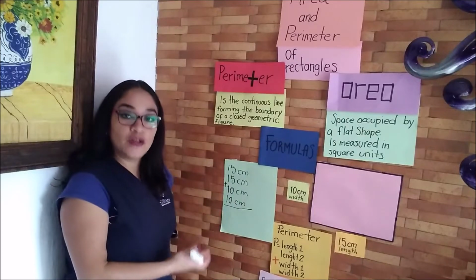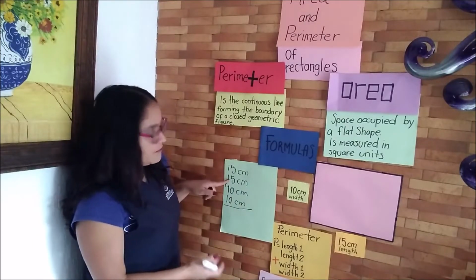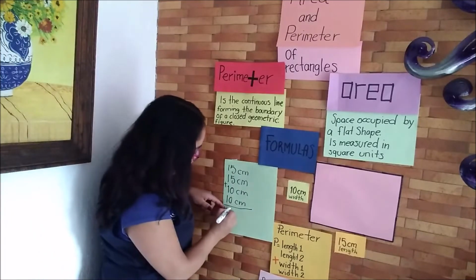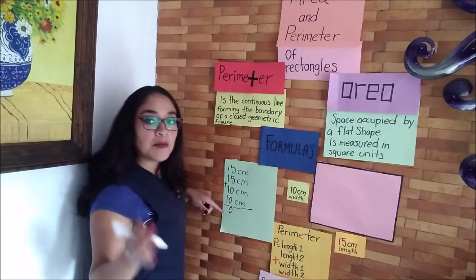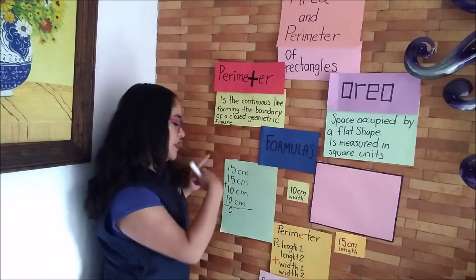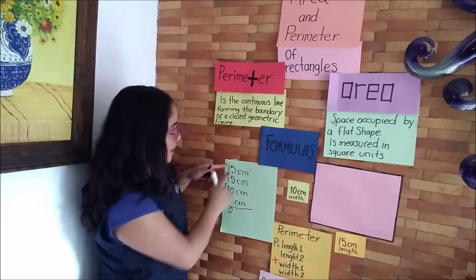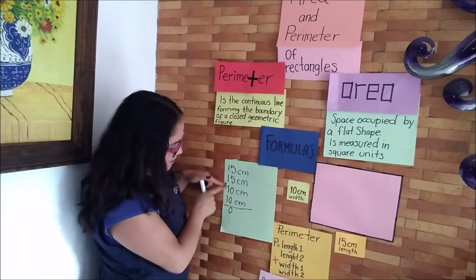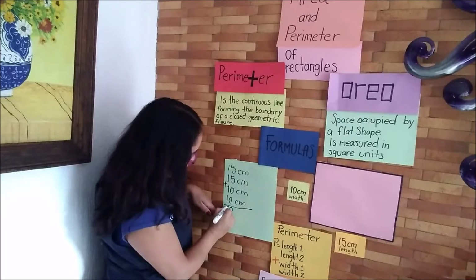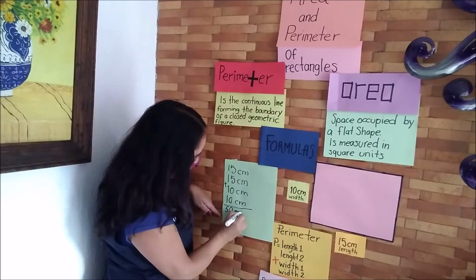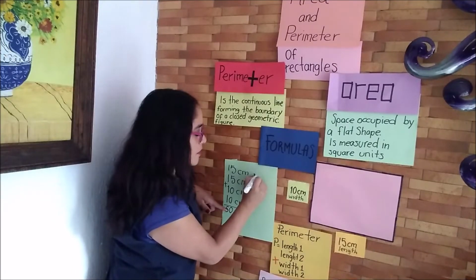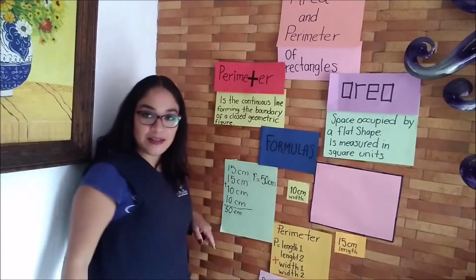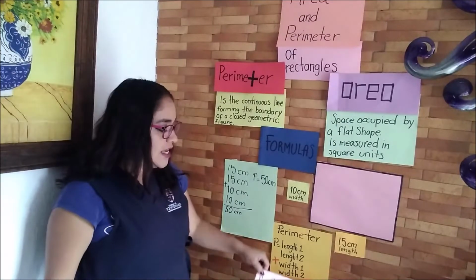Let's add together. 5 plus 5, 10, plus 0 plus 0, 10. So I'm going to write the 0, and I'm going to carry the 1 to the next column. 1 plus 1, 2, 3, 4, and 5. So our perimeter is 50 centimeters, okay?